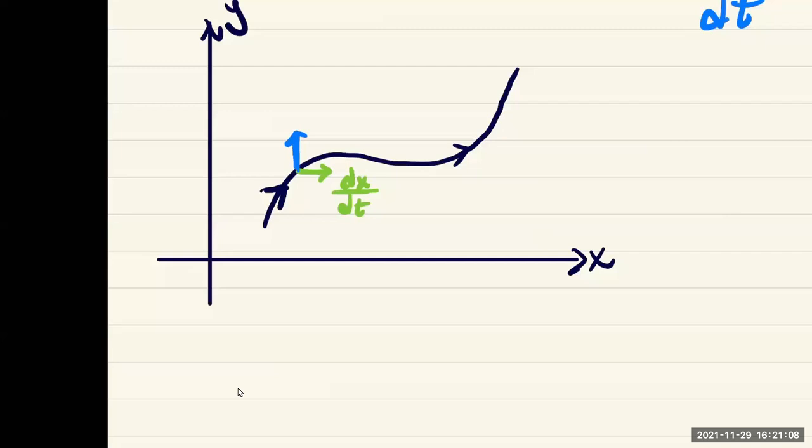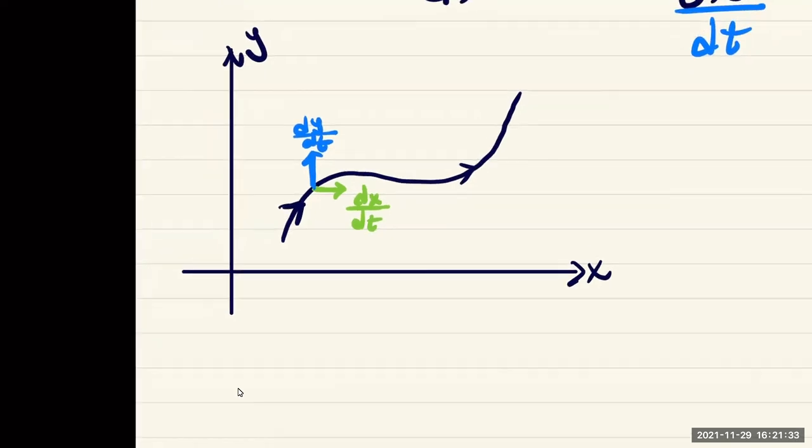It's a time derivative. And how fast the particle moves in the direction of y is dy/dt. These are time derivatives of x and y, and they have nothing to do with the slope of the tangent line. Nothing to do with that.